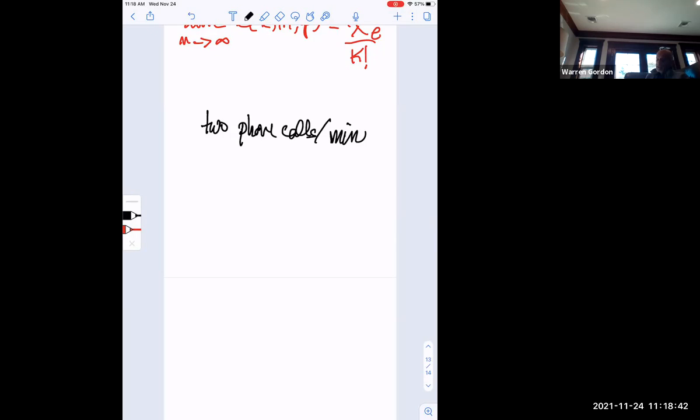Well, if 2 calls arrive per minute in a 5-minute interval, we have 10 calls, right? So lambda would be 10.